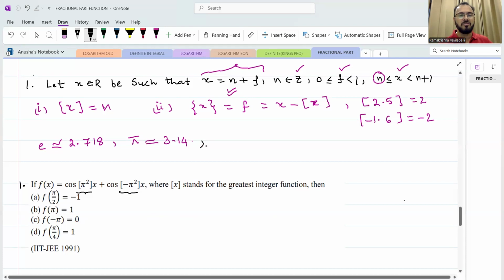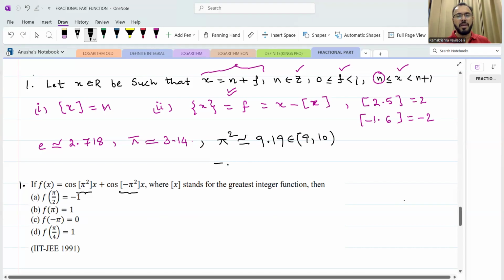Here pi square value is approximately 9.19, which belongs to 9 and 10.